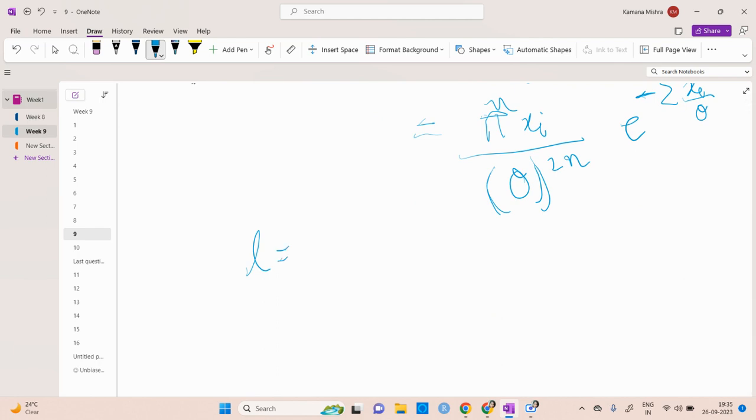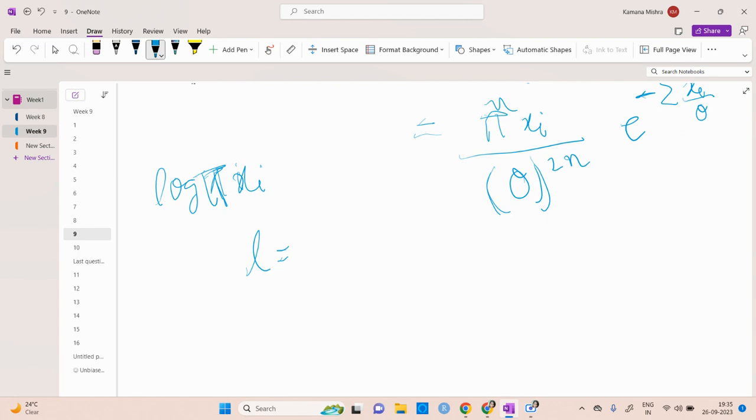So now small l, which is equal to log L, will be what? Log of this multiplication: log x1, x2, xn will be log x1 plus log x2 plus log xn.